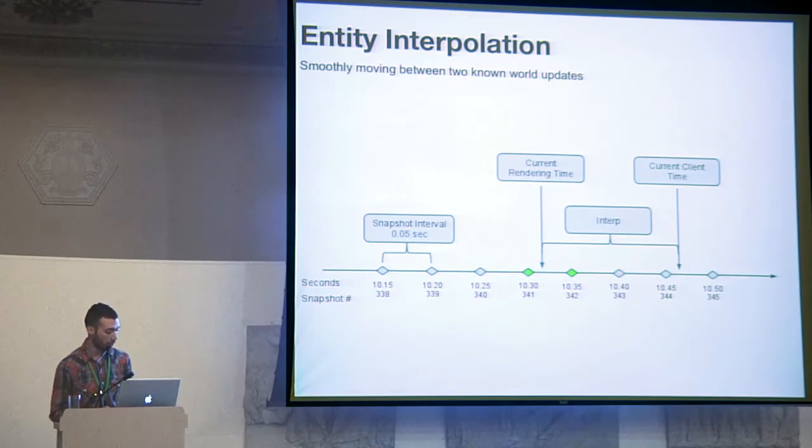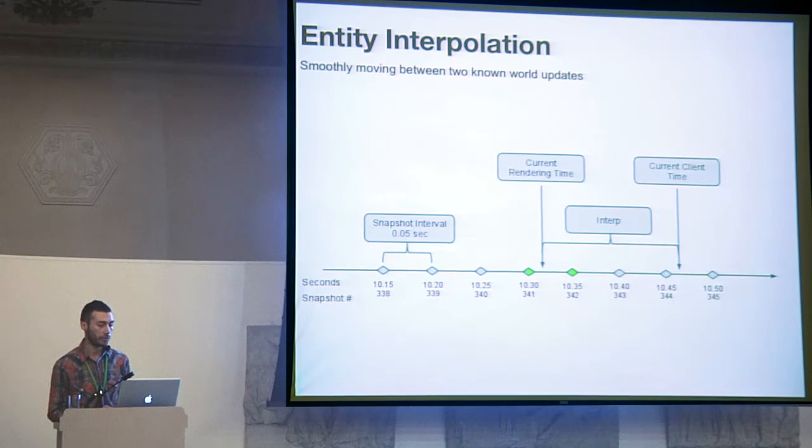So the first thing that we do is we find the value for the rendering time, which is the current time minus some number. Then after that, we loop through the existing world snapshot updates that we have from the server, and we find two that we fall in between. And now that we have found those two world snapshots, using a simple linear interpolation function, we can precisely place our object at its position along that path.